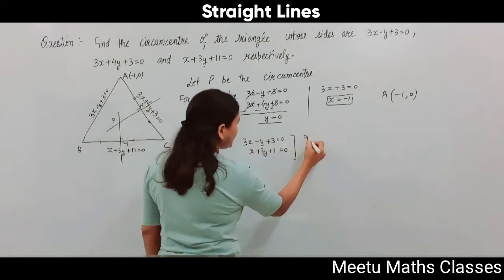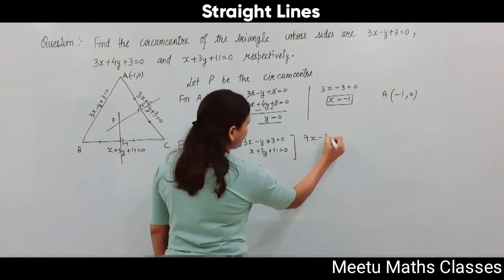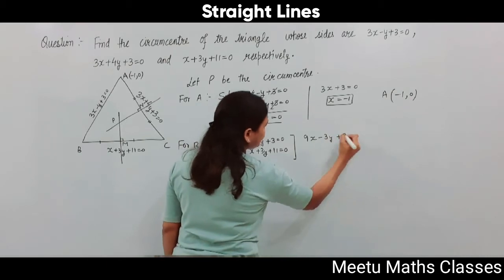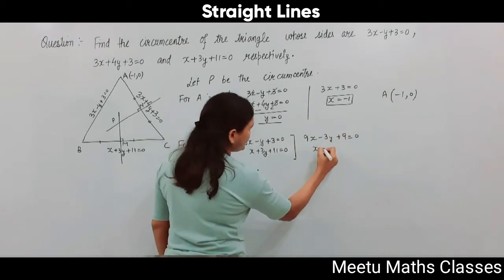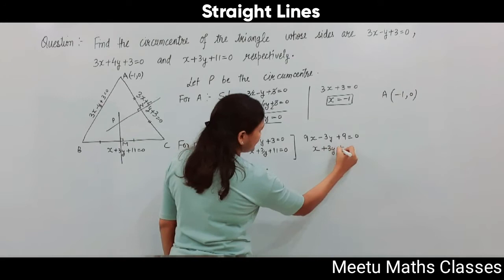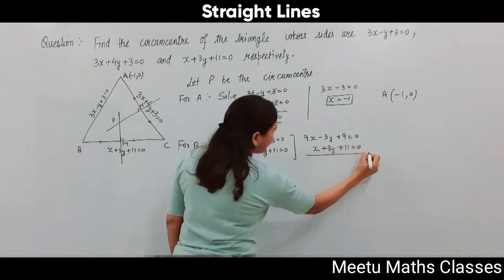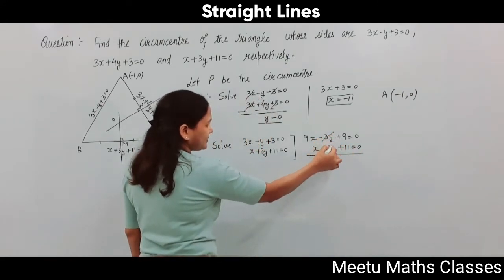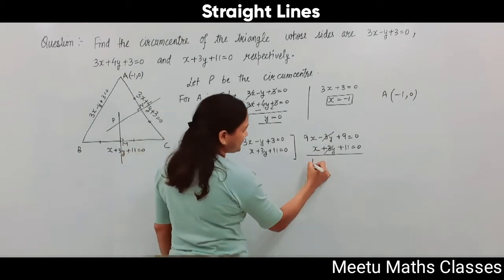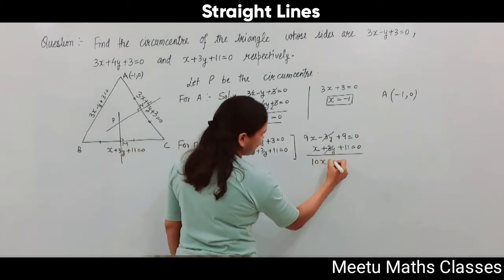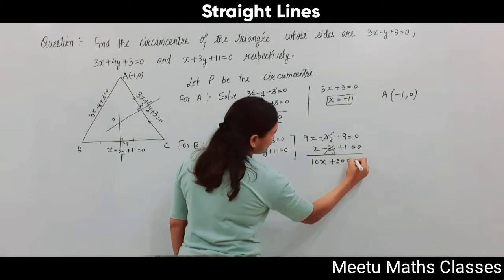So by multiplying this first equation by 3 we will get this, and the second equation, write the second equation as it is. Now adding, 3y will be eliminated, 10x plus 20 is equals to 0.